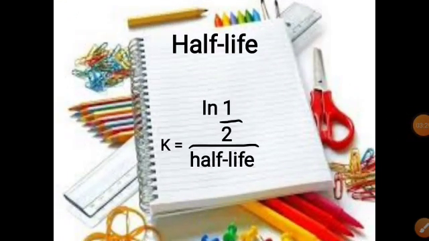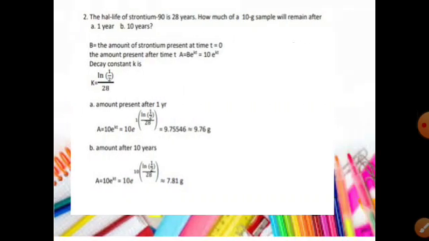So next is half-life. The formula is k is equal to ln of 1 over 2 divided by half-life. So number 2: the half-life of strontium 90 is 28 years. How much of a 10 g sample will remain after A, 1 year, and B, 10 years?